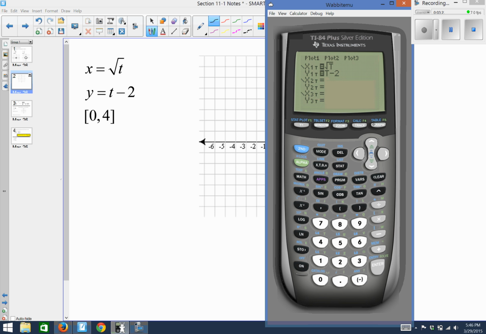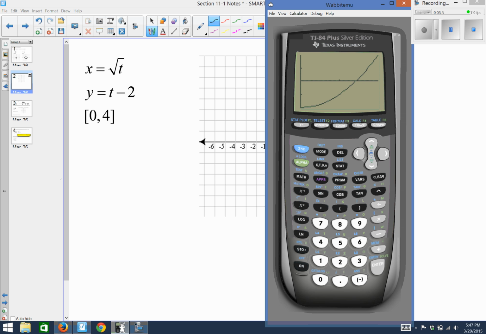And the nice thing is when we graph this, we can actually see the order it's being done in. And let me fix my window for my x's. Because we're looking for t from 0 to 4, my x's should go from 0 to 2. So t goes from 0 to 4, and then zoom fit. So it'll actually change my x's and y's for me. And I can actually see it graphs it in that order.